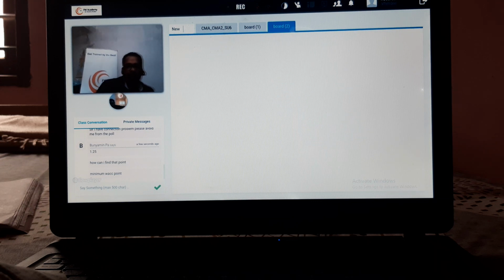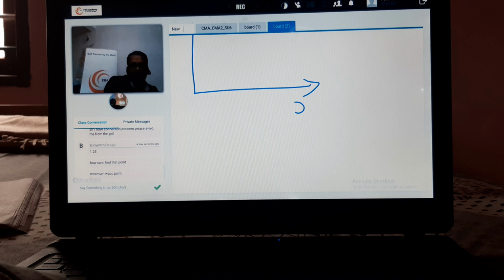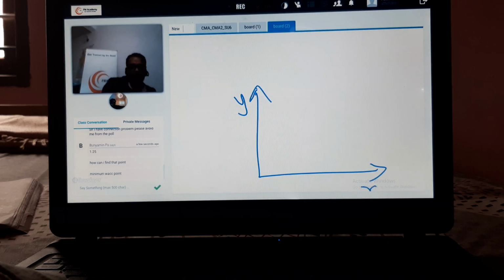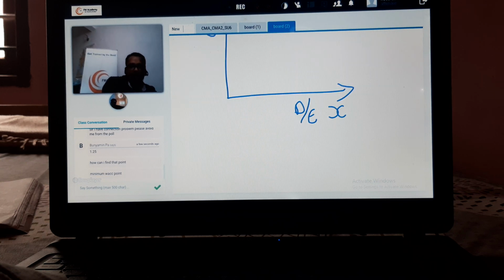You have an x-axis and y-axis. This is x, this is y. You are plotting. This is the x-axis, what? Debt to equity. With different debt to equity, you have different points. You get a graph like this. This is the percentage cost.